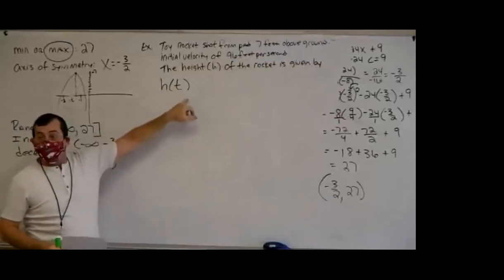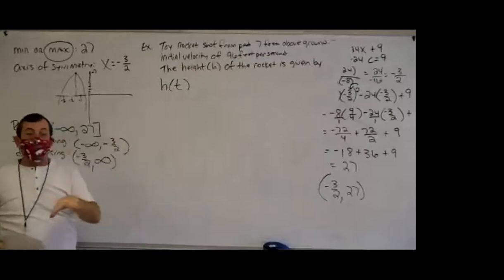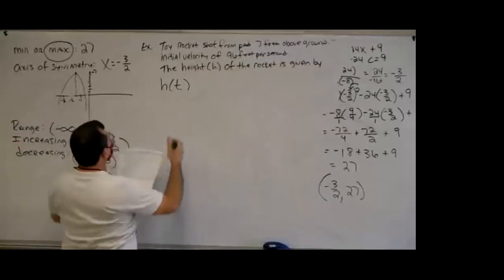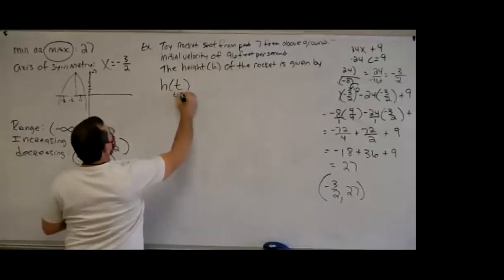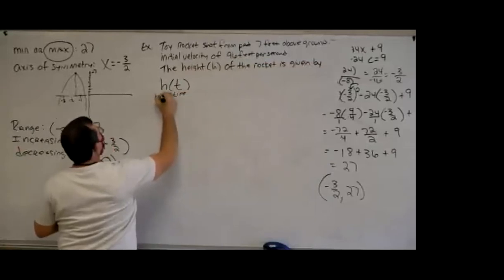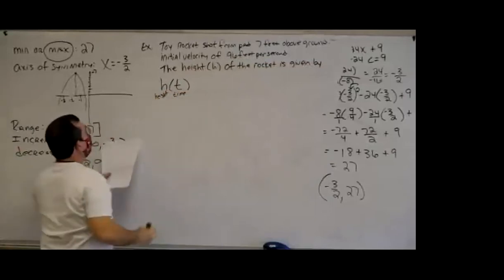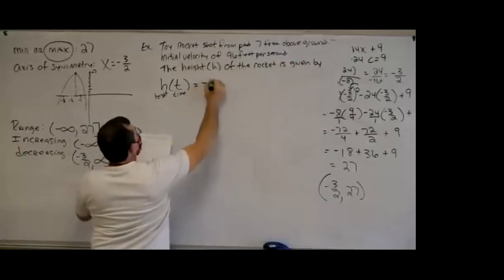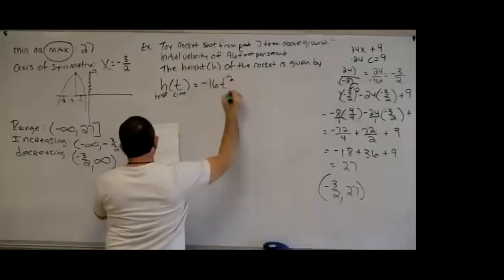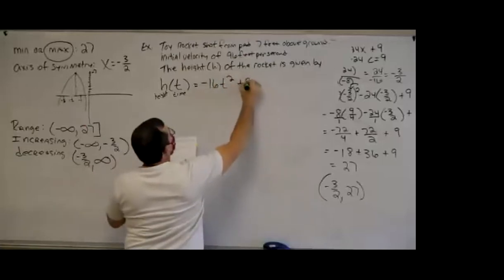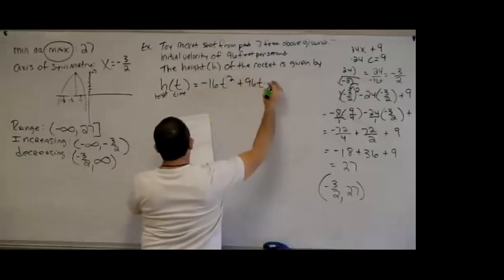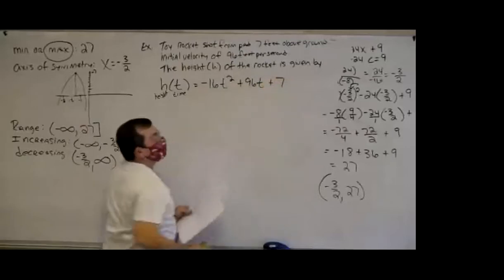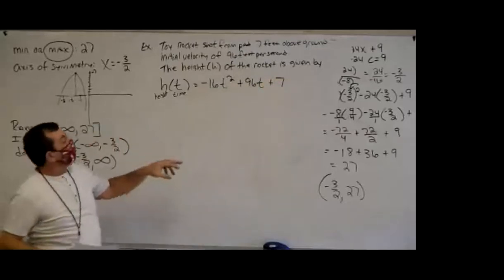T is time in this case. That's going to be my x variable, time, and that means the height. Equals -16t² plus 96t plus 7.